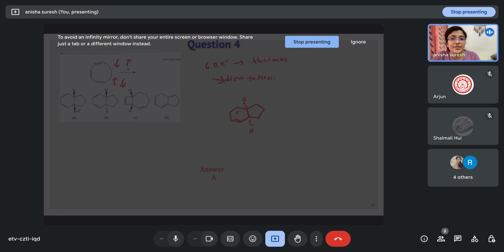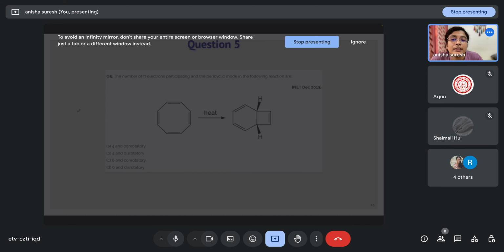Now coming to the next question. The number of pi electrons participating and the pericyclic mode in the following reaction are... Here an octatetraene system is given, right?